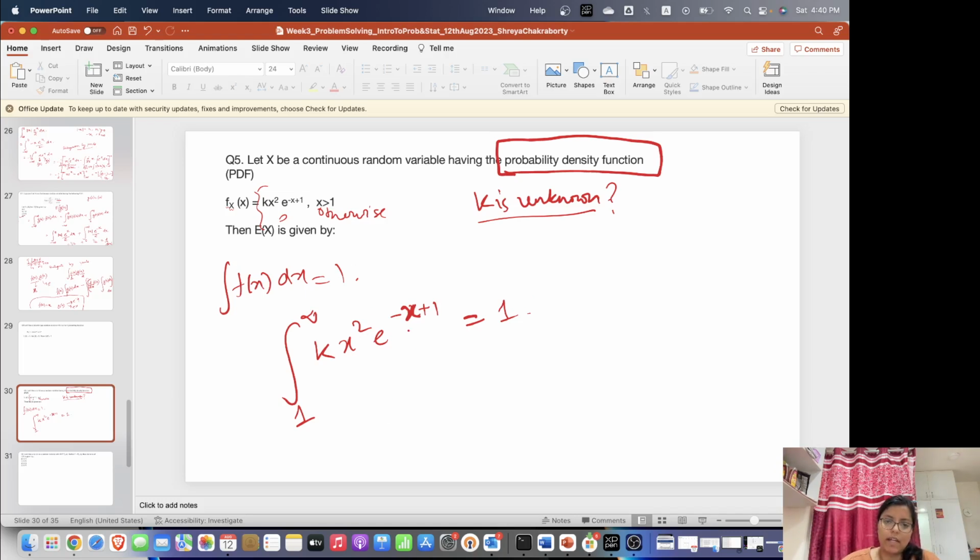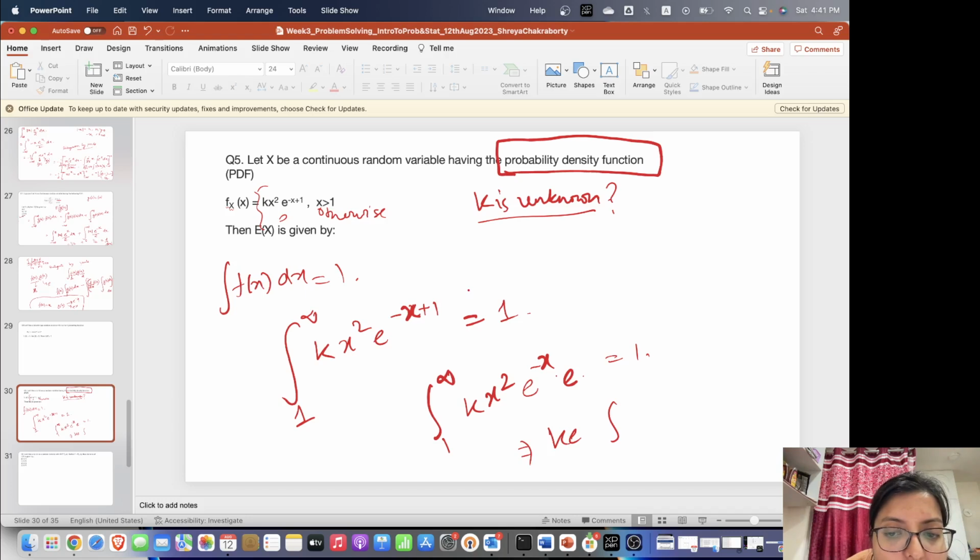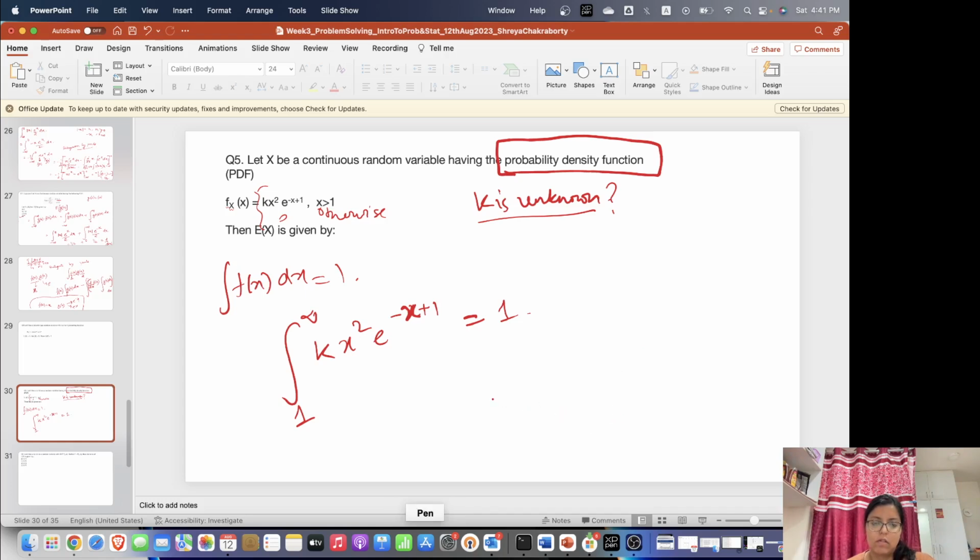So here we can write it as the integration from 1 to infinity of k x square e to the power minus x minus 1 dx equal to 1.